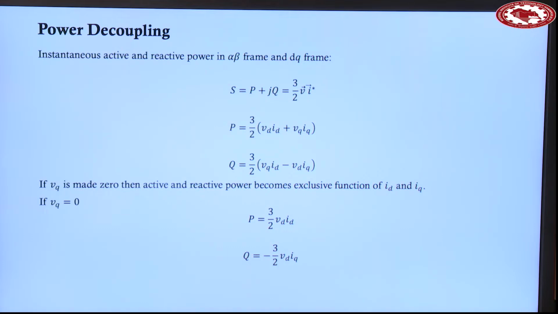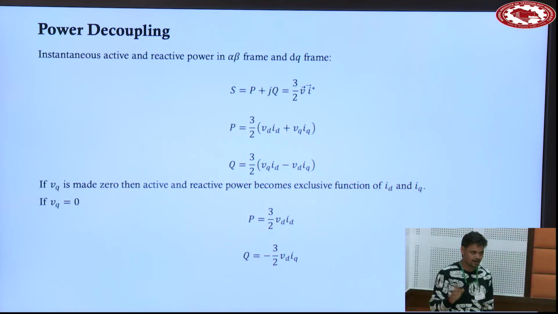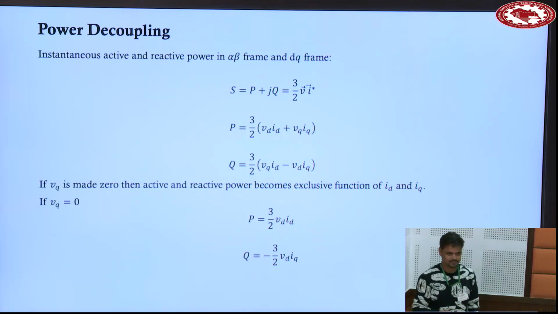So you can control active power exclusively by controlling Id, and you can control reactive power exclusively by Iq. So this condition, whether theta r naught is equal to theta e naught, or this plus minus pi by 2, gives you power decoupling.